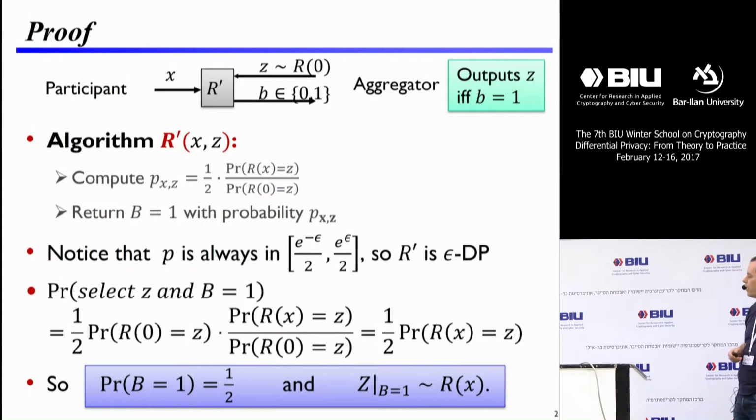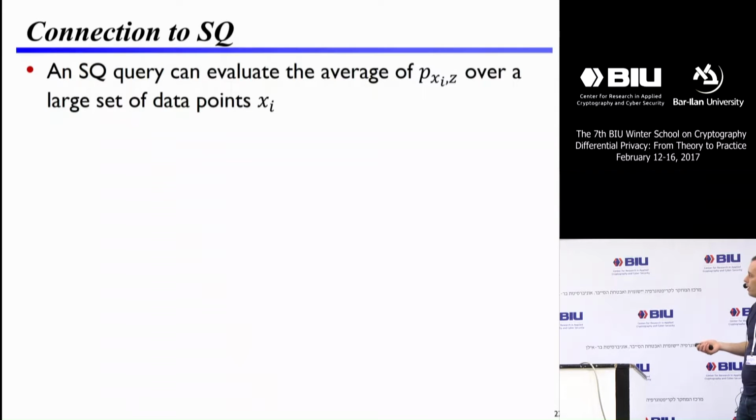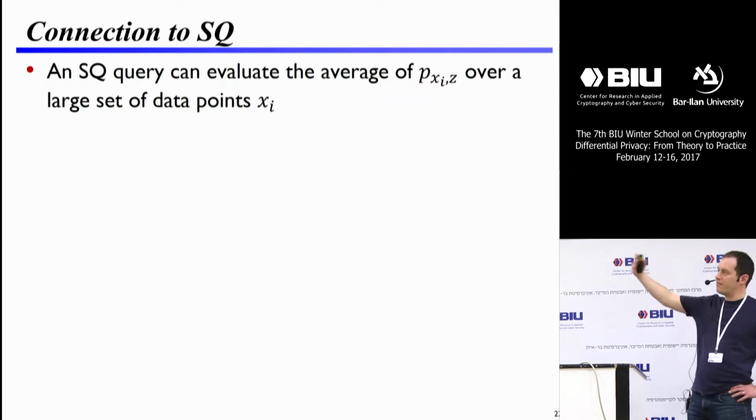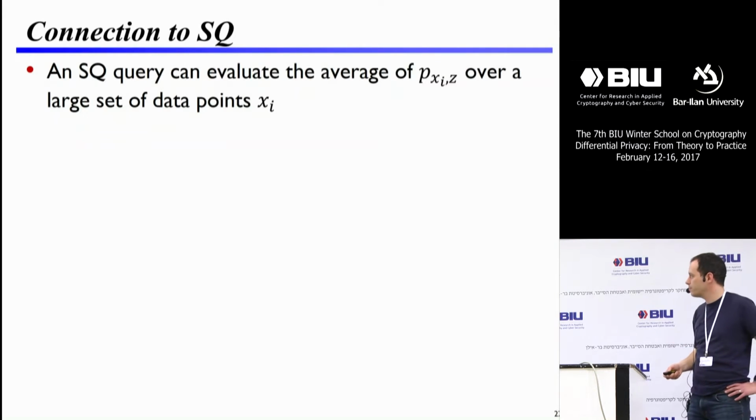So why did we jump into this whole transformation? Our original motivation was connections to SQ. The way we can use an SQ query is to evaluate, rather than just one probability, the following. I'll pick one value of z and give the same value of z to many different people, and rather than just computing one probability p of x_i, z, I'll compute the average of this probability over a large set of data points.